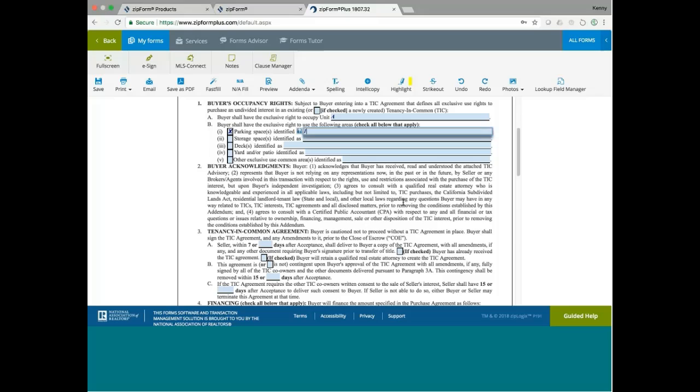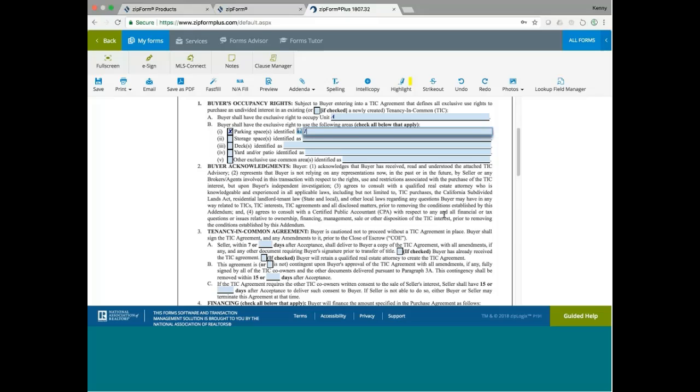But I just want to point out the irony here. They make the buyer agree to consult with a qualified real estate attorney. To me, that's somewhat hypocritical.